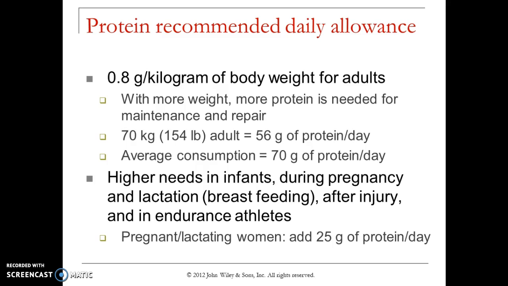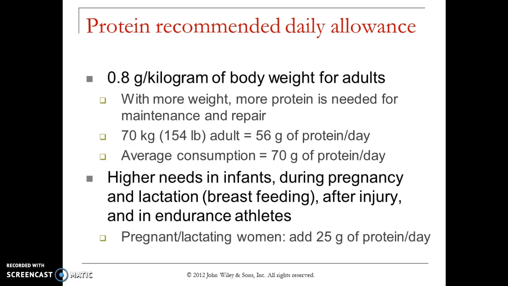So you can see here the protein recommended daily allowance, or RDA, is the minimum that people need. You can also use the AMDR, acceptable macronutrient distribution range, to estimate how much people are going to need in general, or what's acceptable to put into the diet. So you can see that the more a person weighs, the more protein is needed for maintenance and repair, and that minimum goes up.